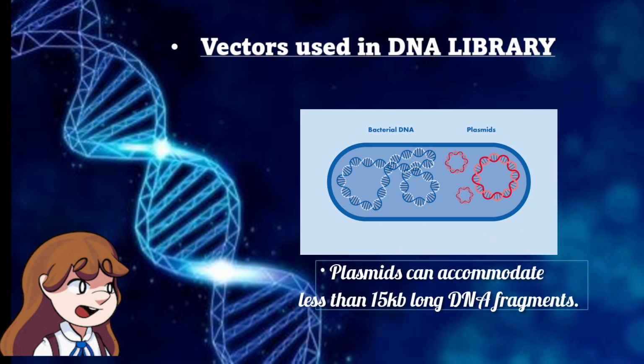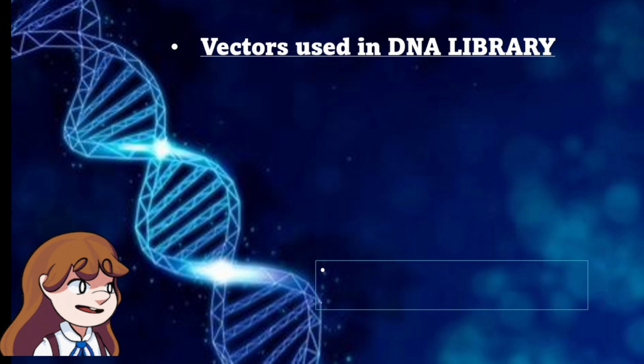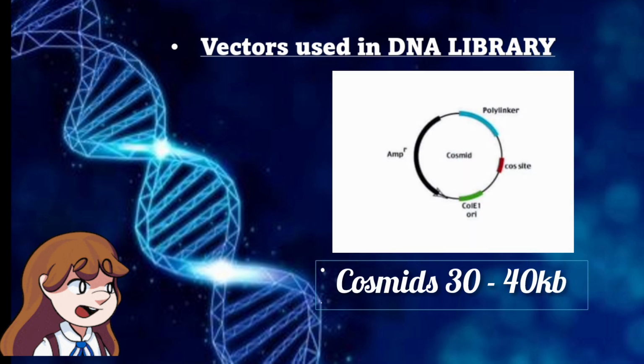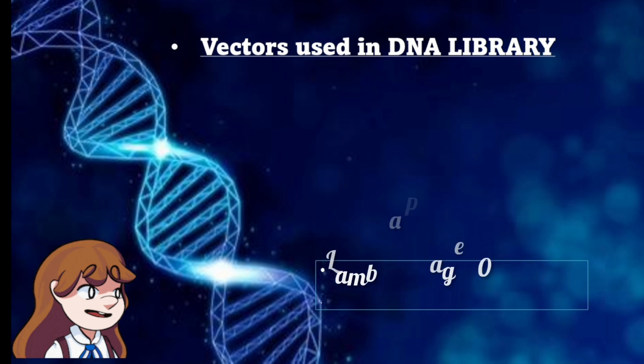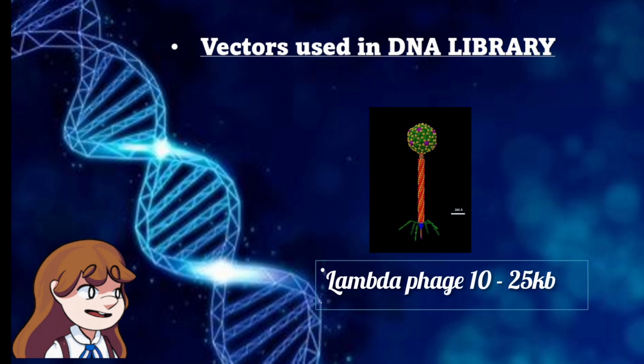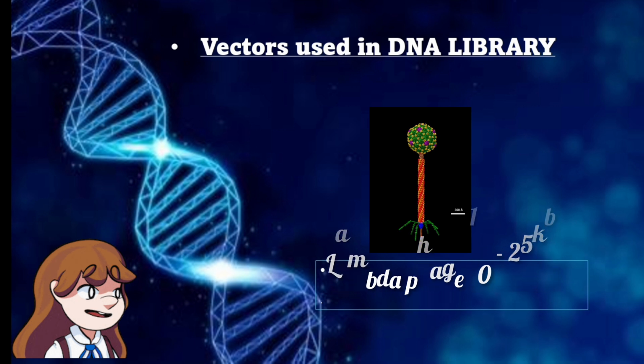Now we will learn about those vectors one by one. Plasmids can accommodate less than 15 kb long DNA fragments. And next, the cosmids can accommodate 30 to 45 kb long DNA segments. And the lambda phage vectors can carry 10 to 25 kb long fragments.